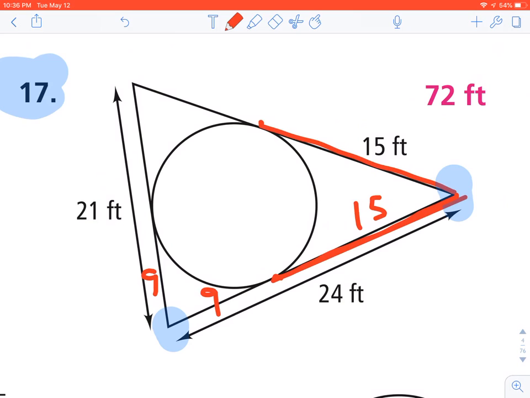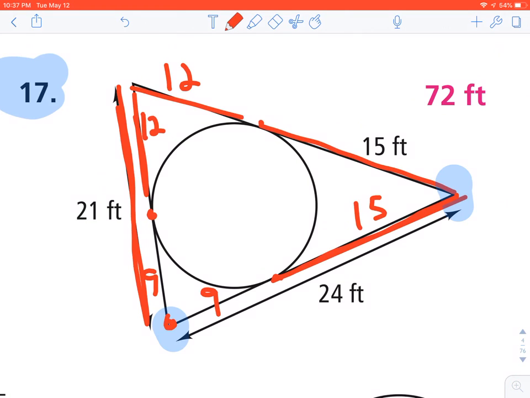Okay? So now that I know that this whole thing is 21, and I know that from here to here is 9, if I subtract 9 from 21, that tells me that this piece is 12. If this piece is 12, then that piece is 12.